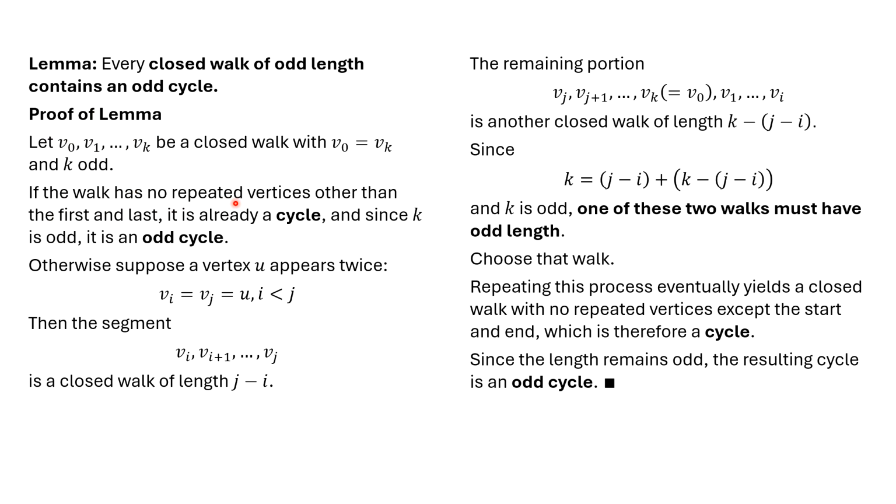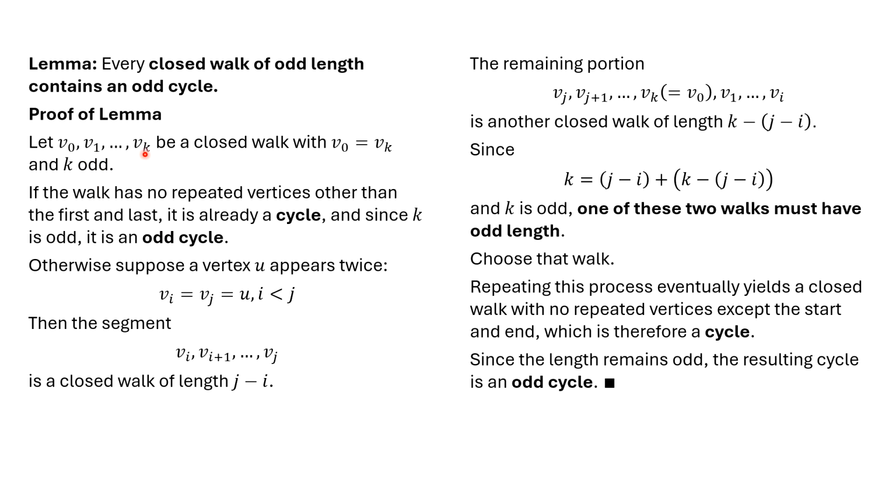If the walk has no repeated vertices other than the first and last, it is already a cycle, and since k is odd, it is an odd cycle. So in that case, we're done. So we assume that there is a repeated vertex. So we'll suppose that that's U, and it appears twice.